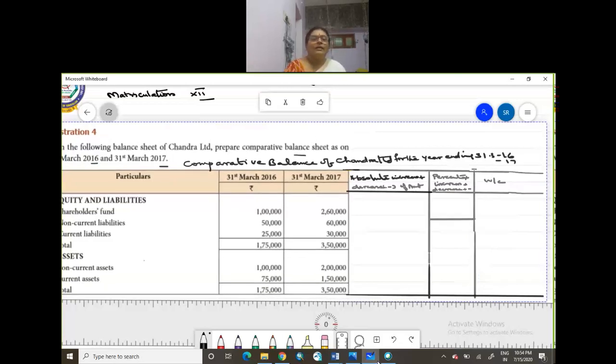Now that you have shareholders fund is 1 lakh in 2016. In 2017 it is 2,60,000. So there's an increase of 1,60,000 in the second year. Next, that is plus. Let us write plus here.